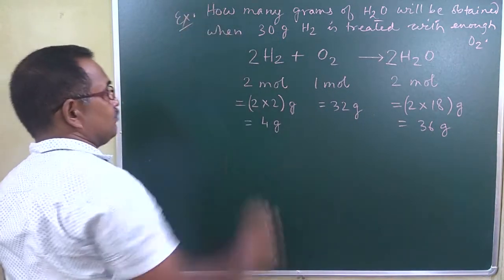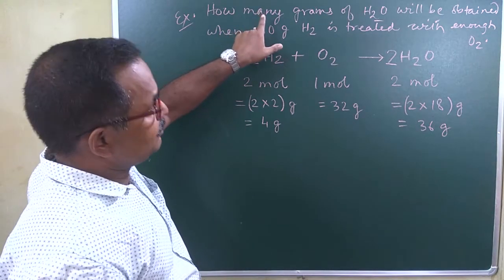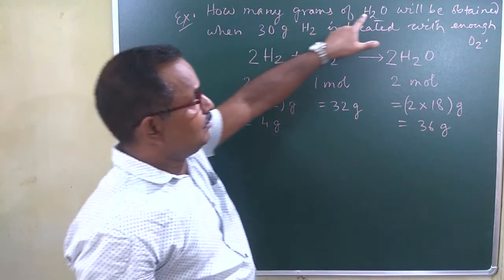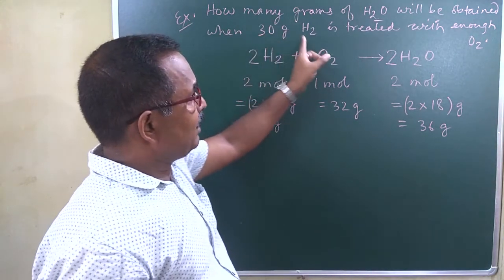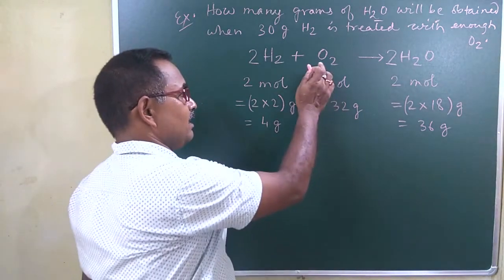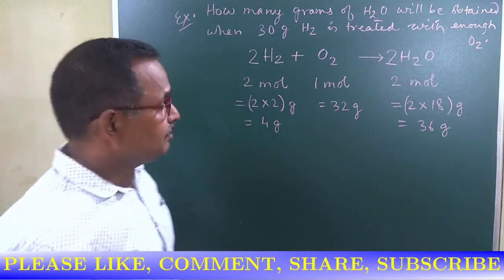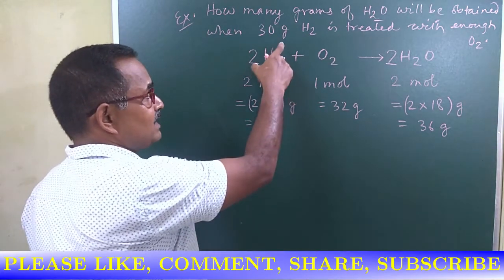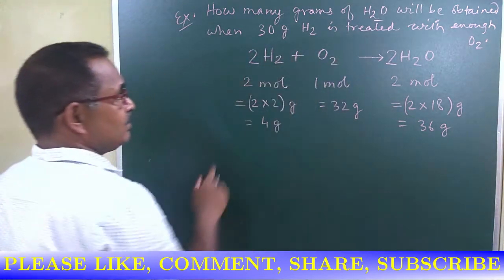We take this example. What is the question? We have to find out the mass of water produced in gram when 30 gram hydrogen is treated with enough oxygen. Here oxygen is enough, oxygen is present in larger amount. So the limiting reagent would be hydrogen. We will take this equation.